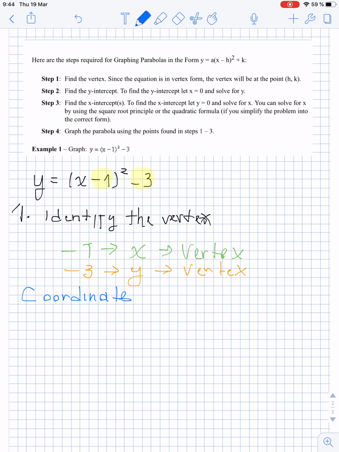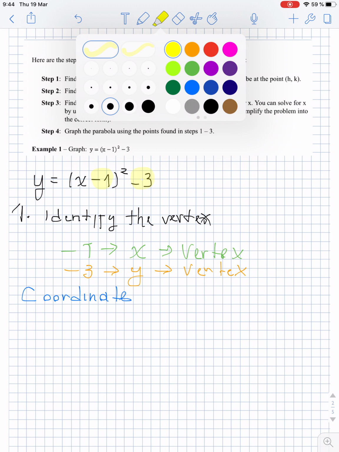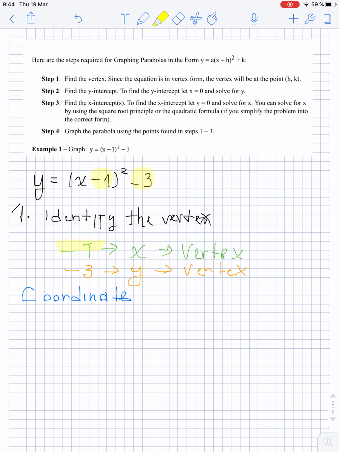But I'm going to explain something that is really important. In the case of the x term, that is minus 1, when you're writing the coordinate, this number is going to take the inverse sign. That means the vertex coordinate is equal to 1, but instead of being negative, it is going to be positive.